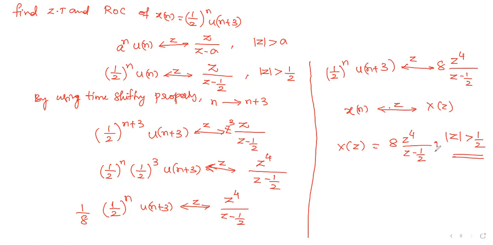Right. Now one more numerical. This is also very important. Now second one, find the Z transform and ROC of the given signal using the appropriate property.